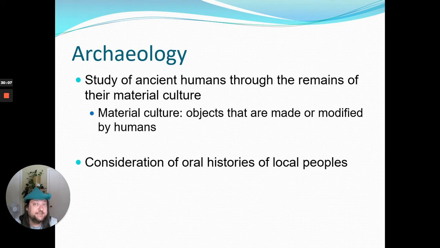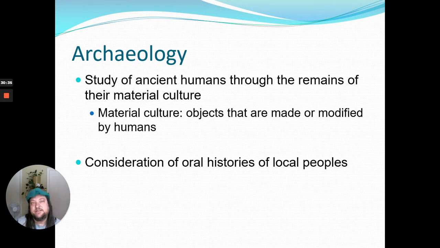And also, archaeologists increasingly, as their cultural sensitivity is increasing, will often pay attention to the oral histories of local peoples. So, for example, here in North America, a lot of the archaeology that happens has to do with the ancestors of today's indigenous peoples. And so indigenous peoples today still have very old stories that document things that happened hundreds and thousands of years ago.